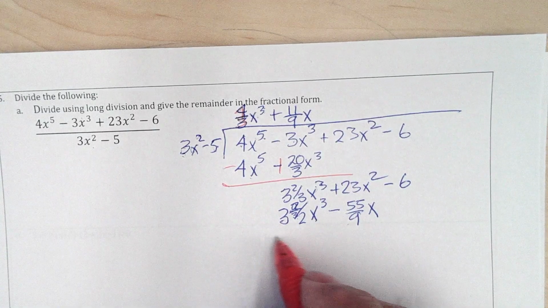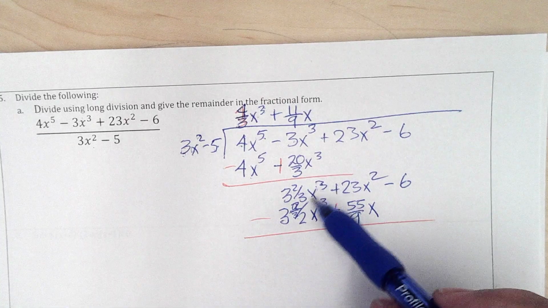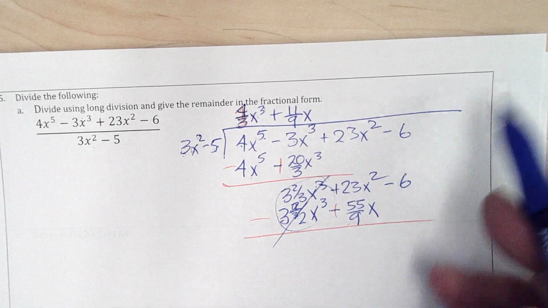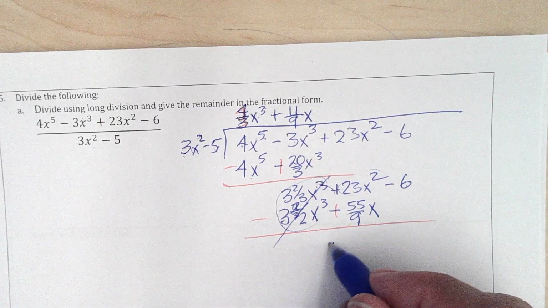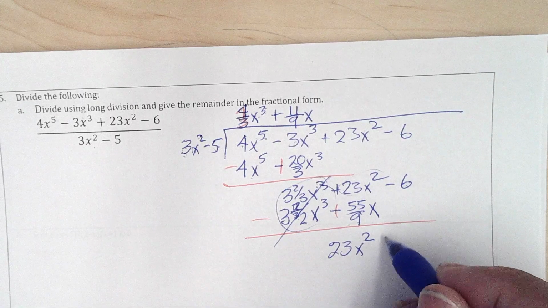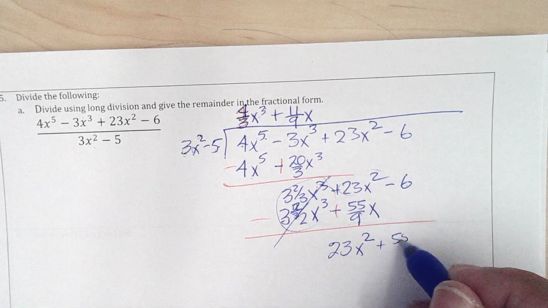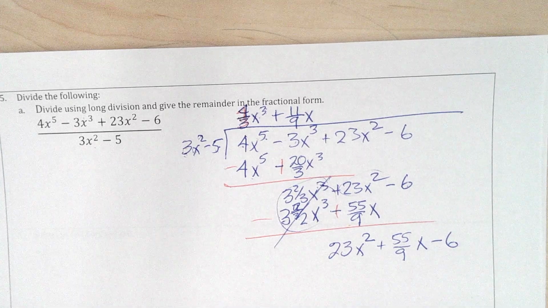Now I'm supposed to subtract, so I draw the line and change signs. These add to be 0. This is an x squared. These are not, so I'm going to get 23x squared plus 55 ninths x minus 6.